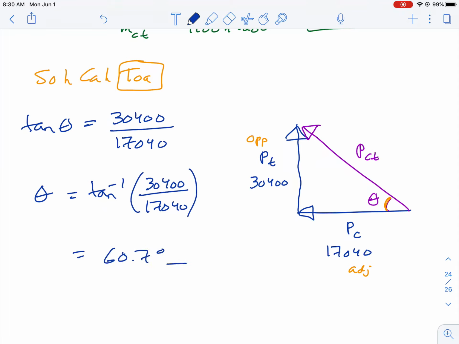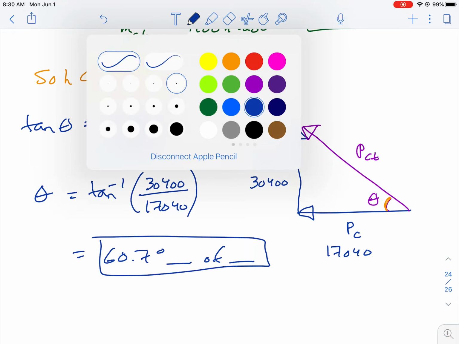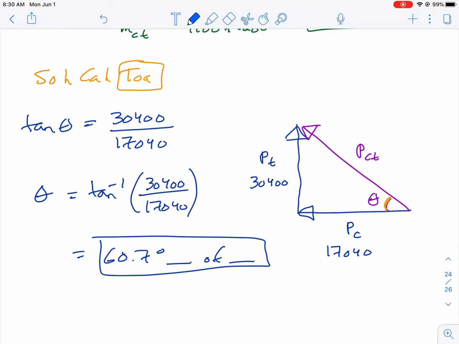But then we have to use the blank of blank notation, if you remember this from Physics 20. And we need to know what goes in the blanks: north, east, south, west. Let's put on the northeast, southwest.